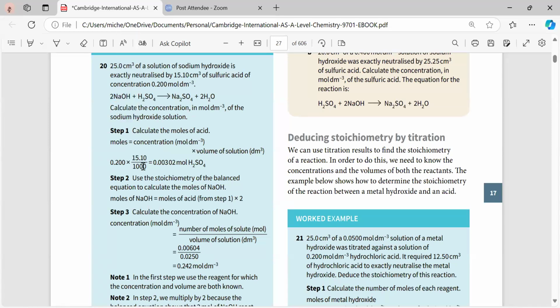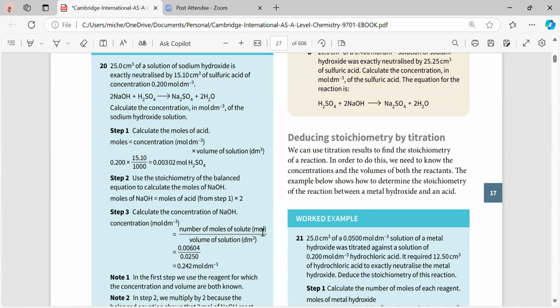So the moles have to be multiplied by that number, which is 2. To find the moles of sodium hydroxide, we multiply 0.00302 by 2, and therefore we get 0.00604. That's the moles of sodium hydroxide.